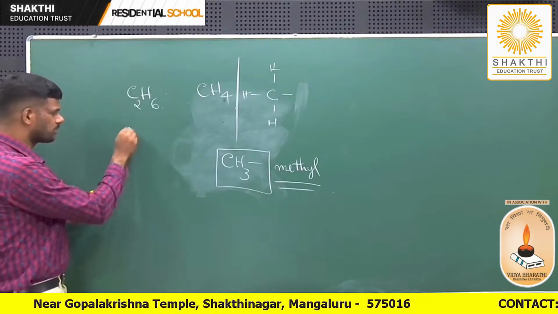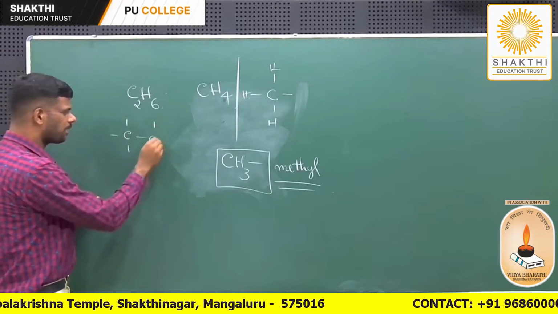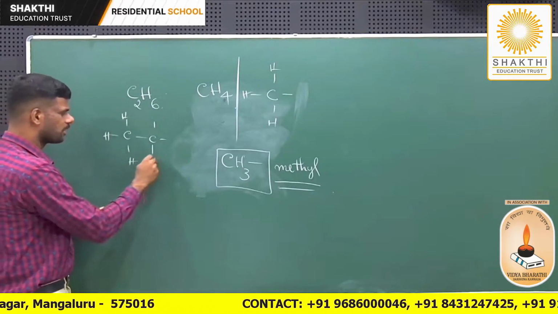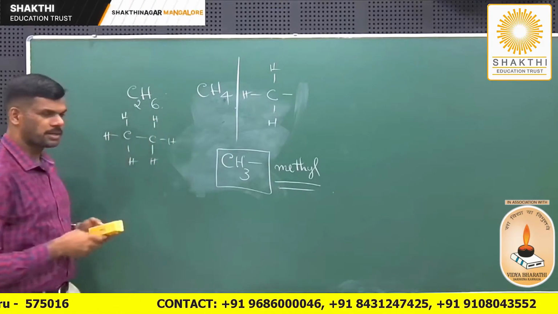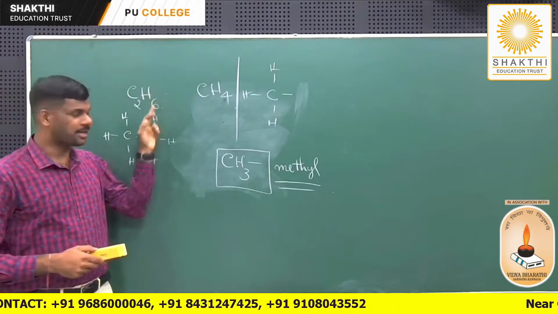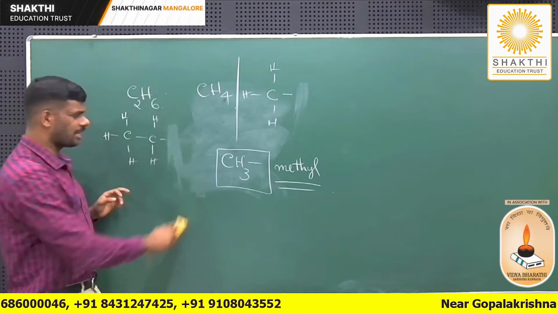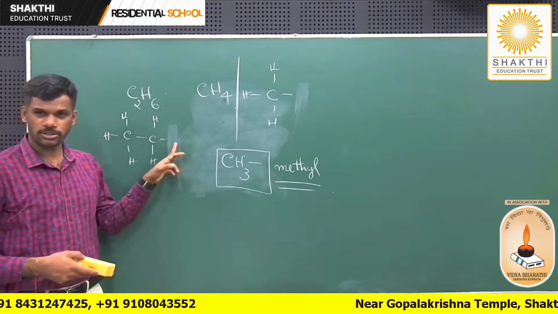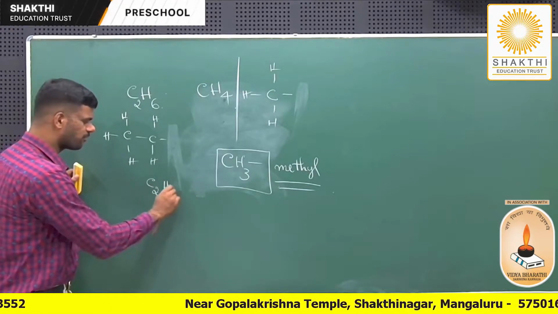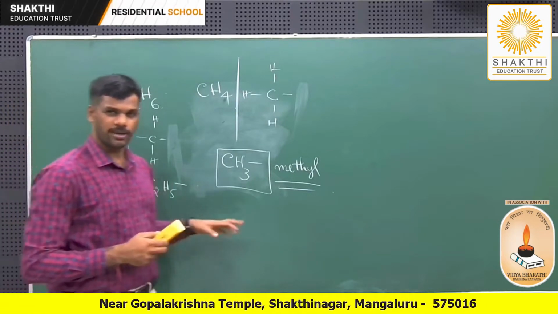If you write the carbon-carbon single bond and the six hydrogen atoms, this is how you write ethane. Converting this ethane into ethyl, one hydrogen is lost, which becomes C2H5 with a dash.